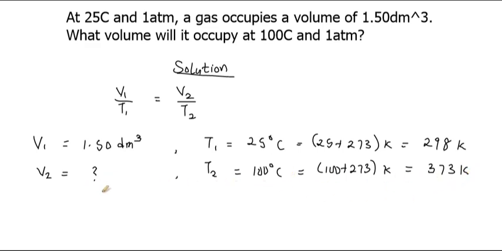Since V2 is the unknown here, it is easy for us to find V2, and we do that by making V2 the subject of the formula that we are using. So we say V2, and we cross multiply. V2 will be equal to V1 times T2 divided by T1.